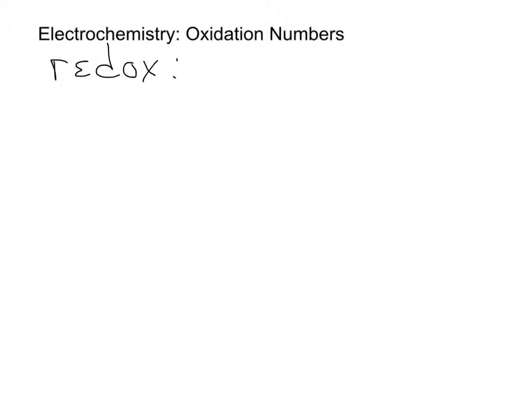What happens in redox reactions? Something loses an electron and something gains an electron. Okay, so there's going to be a transfer of electrons in a redox reaction. So we have to understand somehow a way to identify what's gaining and what's losing electrons.